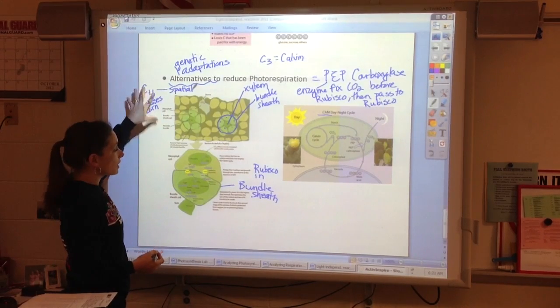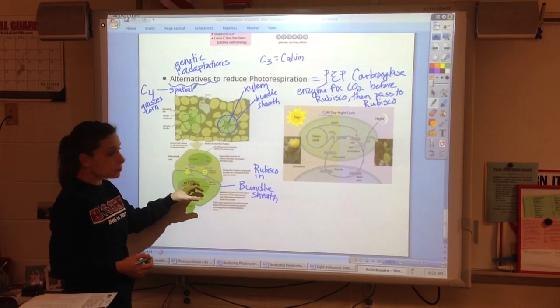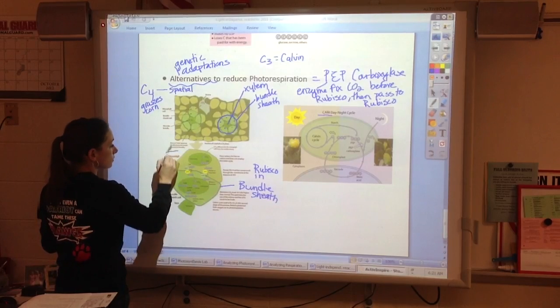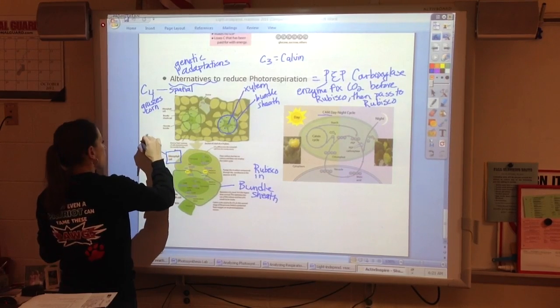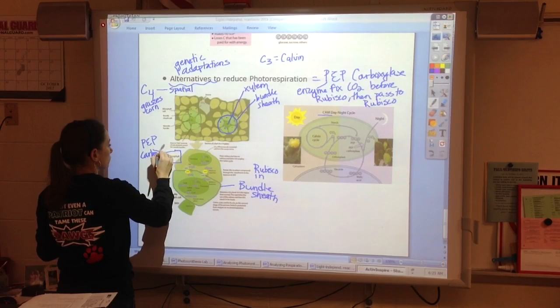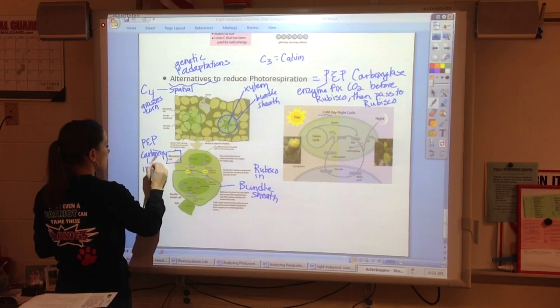In C4 plants, rubisco is only made in bundle sheath cells. This enzyme is only produced in bundle sheath cells. In the spongy mesophyll, so in the mesophyll cell, we have our PEP carboxylase, and what PEP carboxylase does is the initial fixation.